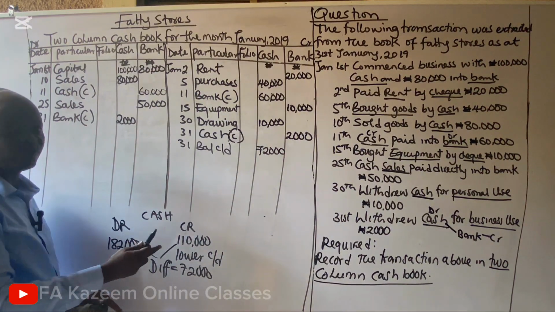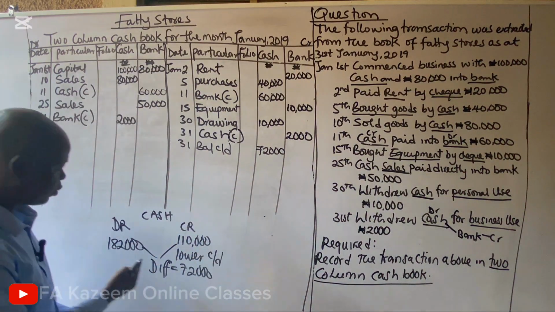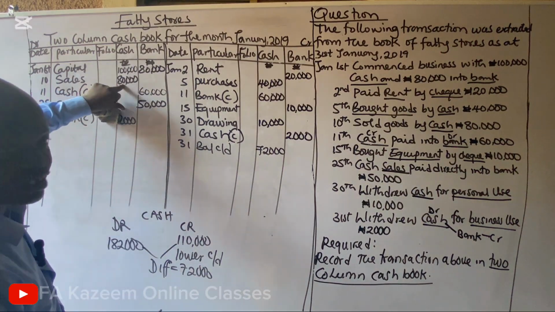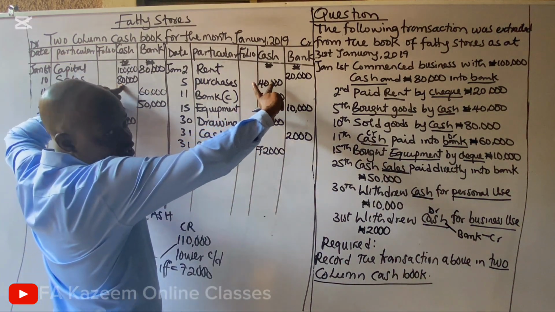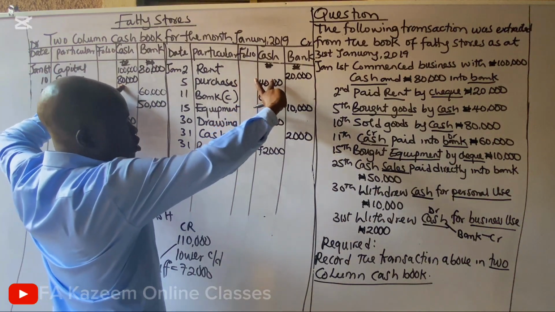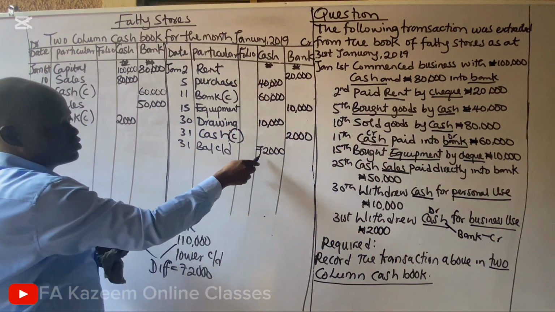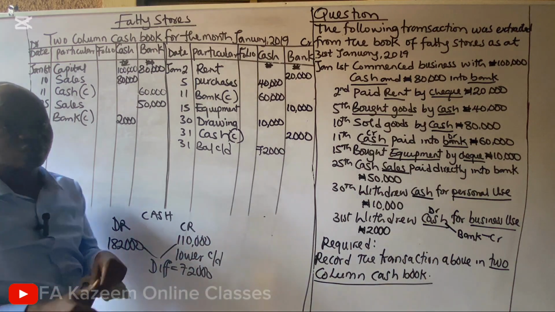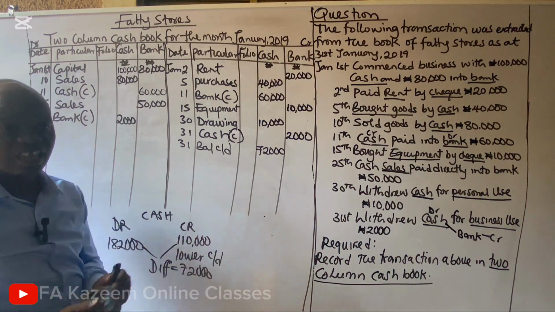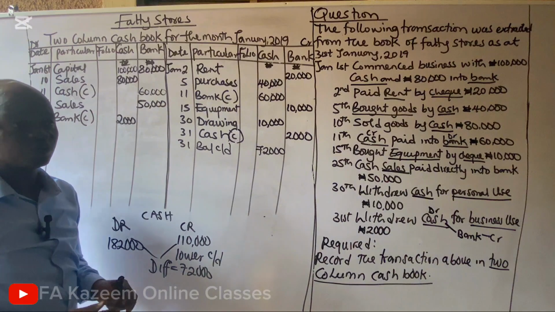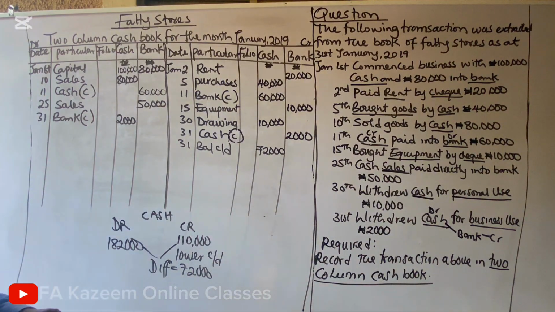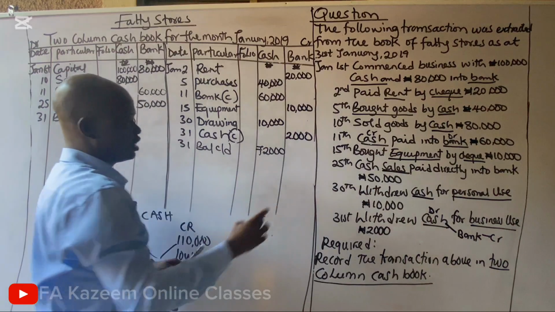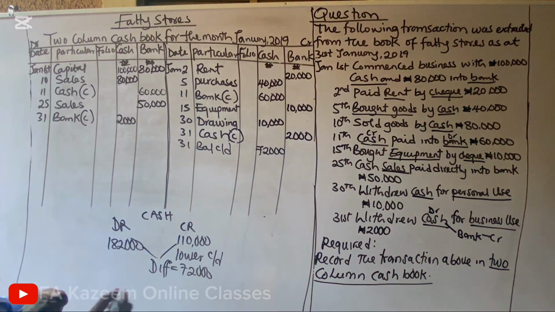Meaning, the total of debit minus the total of credit, 182 minus 110, they have a balance of what? 72,000. And what this means is that Fatty Stores, the business, has a balance of 72,000 at the end of January.